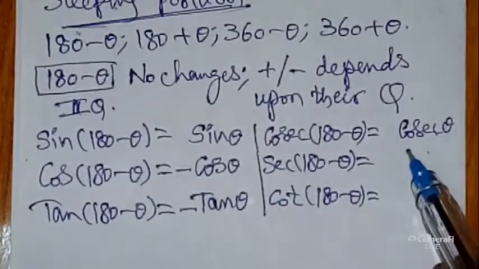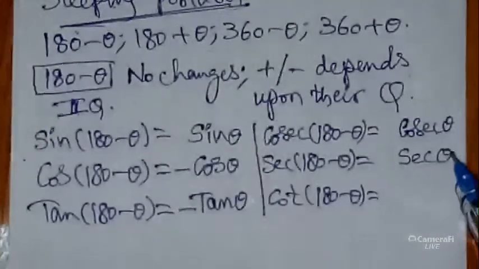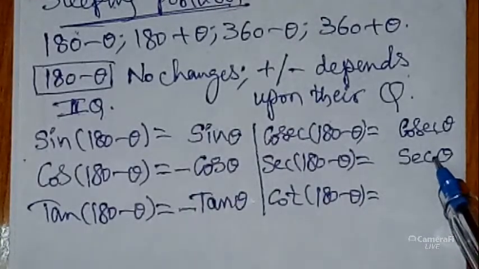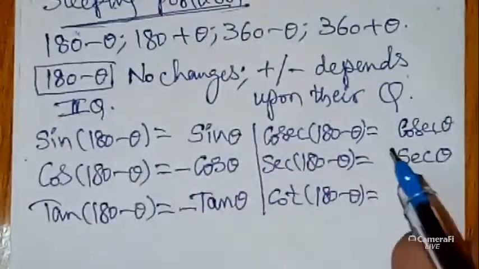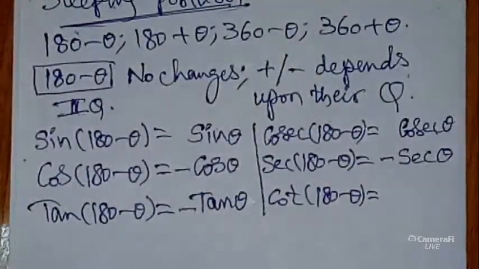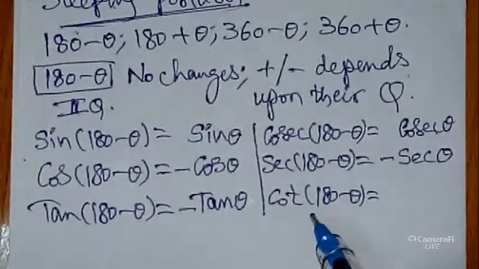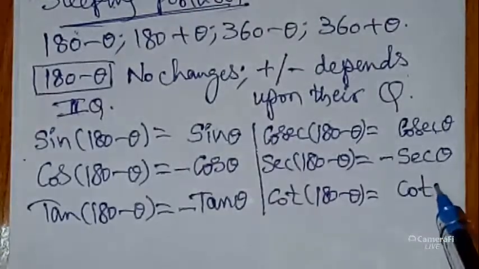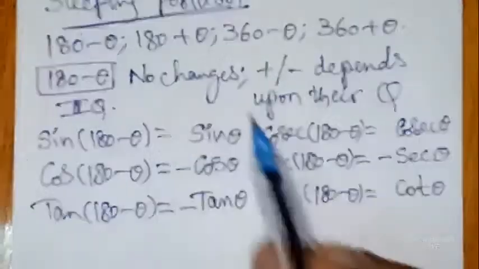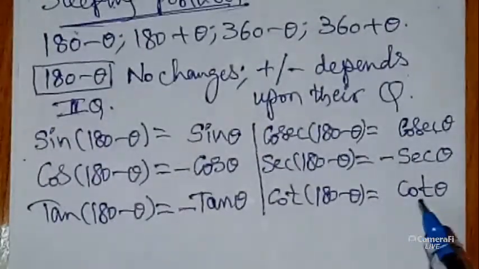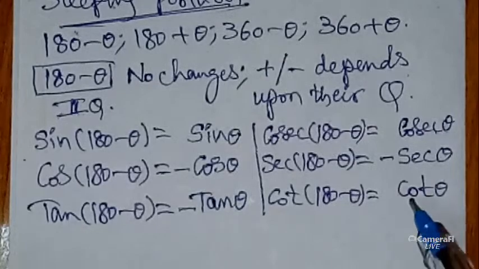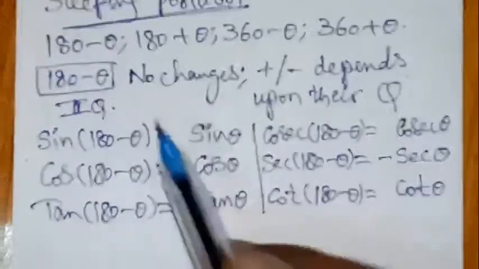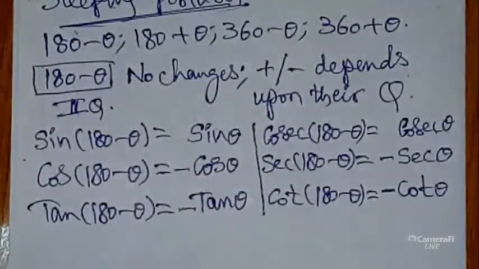So next, secant 180 minus theta: first of all, no changes. You can write as it is, secant theta. And in the second quadrant, secant is a negative symbol. Next, cot 180 minus theta. Cot theta as it is. Why? Because no changes. In my logic, with my magic explanation, cot 180 minus theta is cot theta, and in the second quadrant cot is negative.